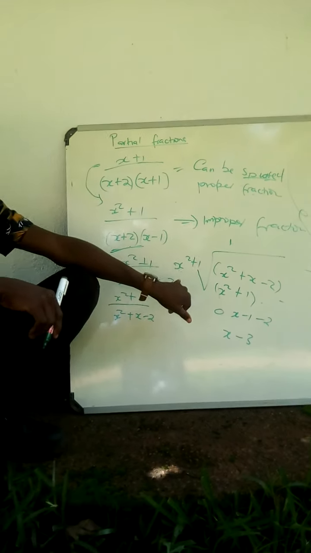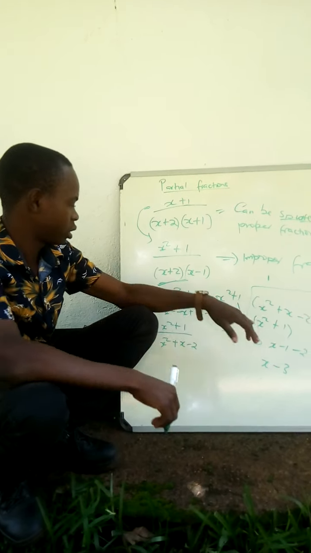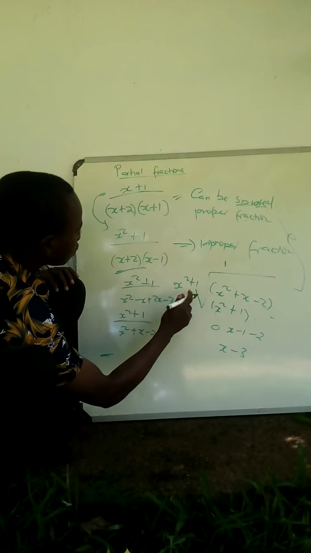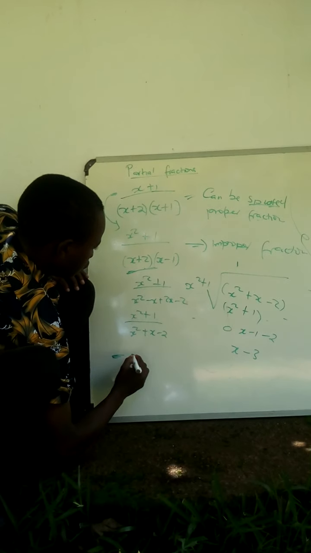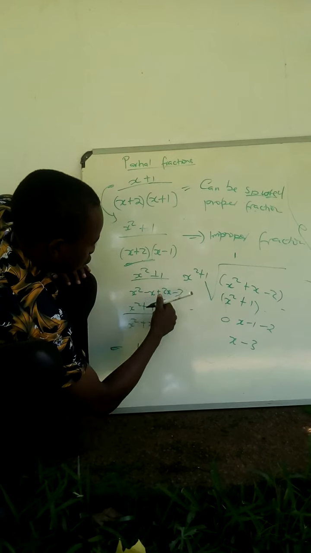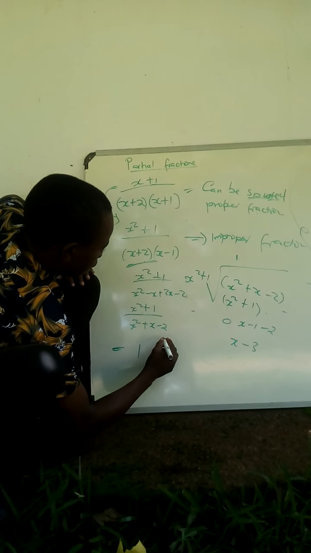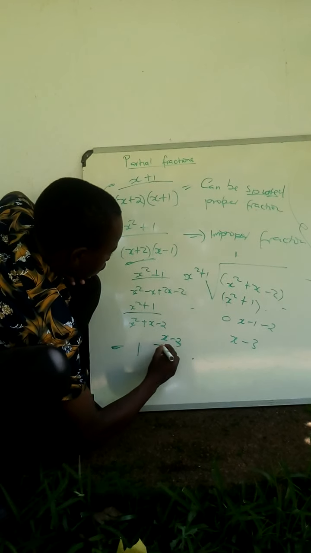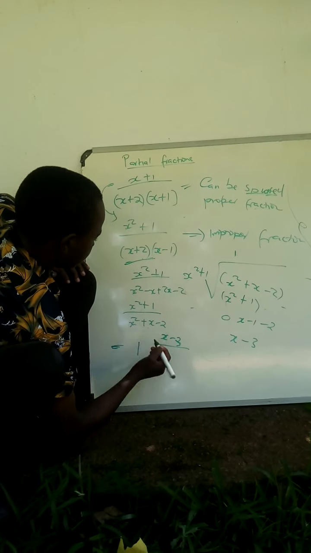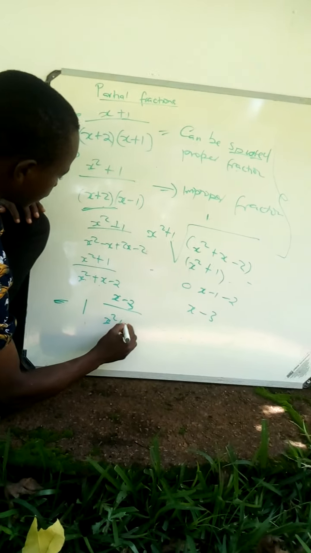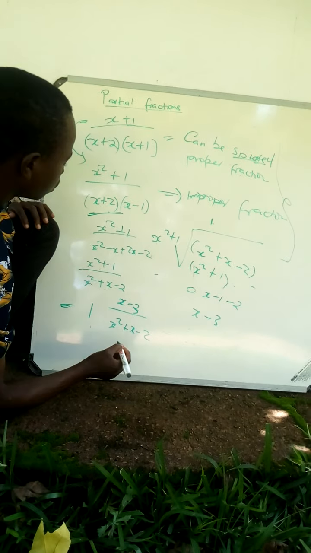So it means this one into this one, you are going to get 1 remainder x minus 3 over this fraction x squared plus x minus 2.